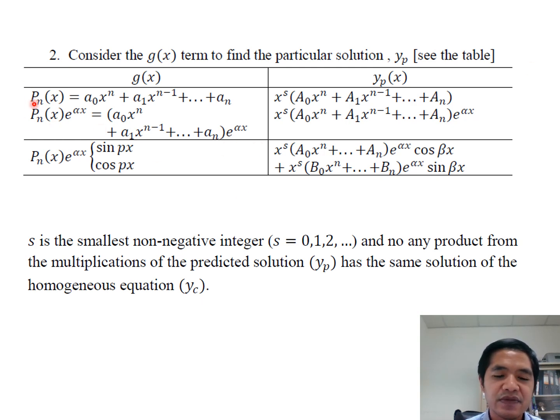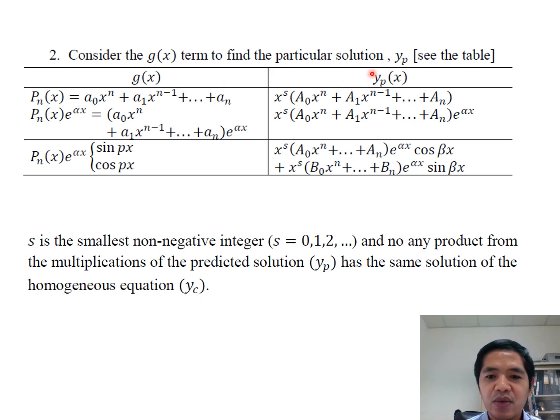Okay, the formula in this table: if the g(x) term is a polynomial, something like a0 x to the n plus a1 x to the n minus 1 plus and so on until an, where a0, a1, through an are just constants, that means this form is a polynomial. Then you have to predict yp for the g(x) term.